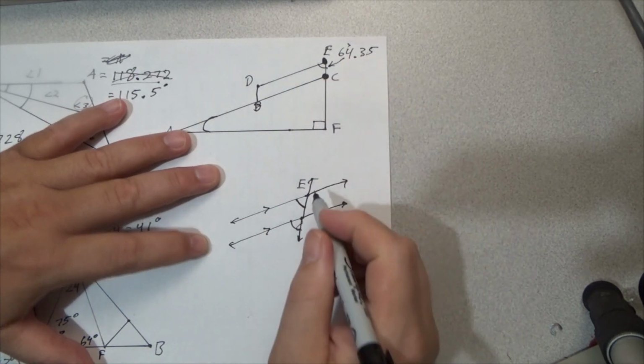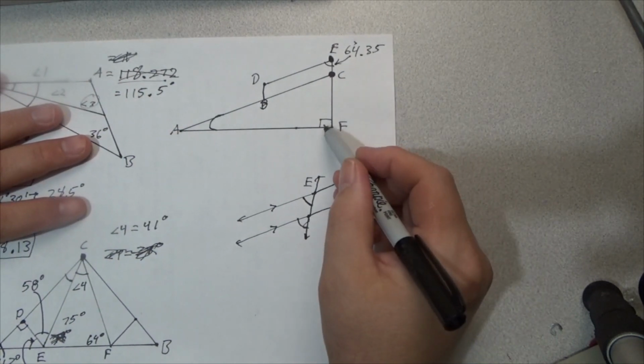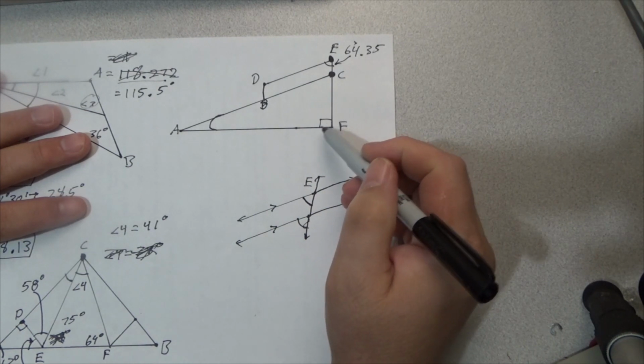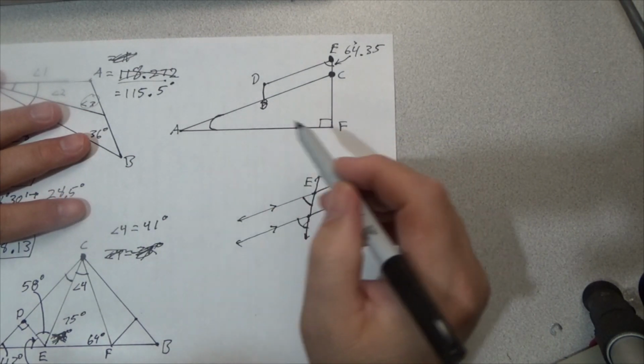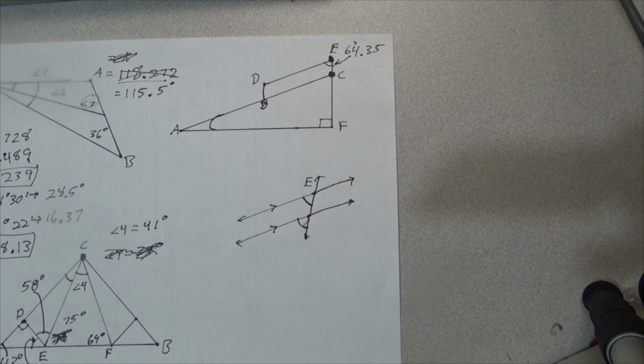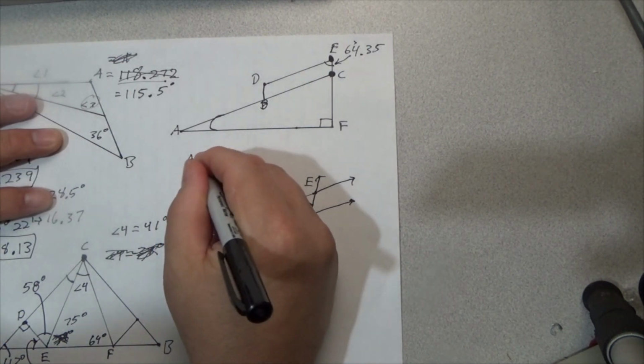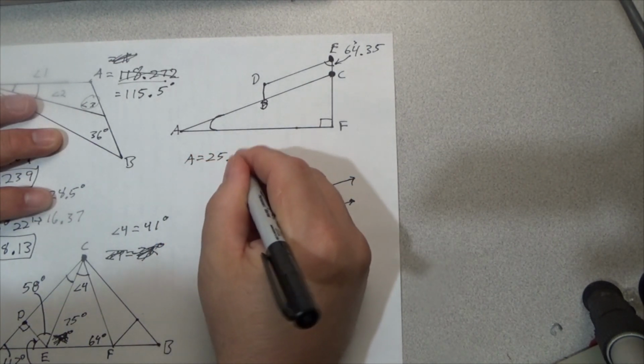So 64.35 plus 90, and then subtract that from 180, or just take 180 and subtract 90 and then subtract 64.35. So 180 minus 90 minus 64.35 gives me 25.65. So angle A is equal to 25.65.